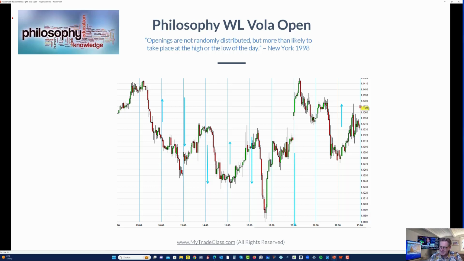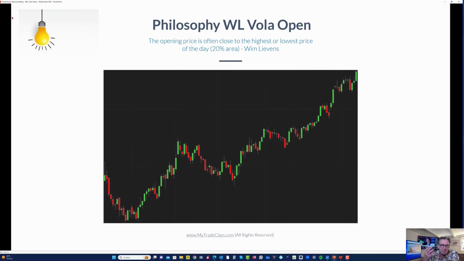So that means, to be totally honest, that if you get this direction right at the open, there is potentially a very nice move which could follow. Not always, but potentially.